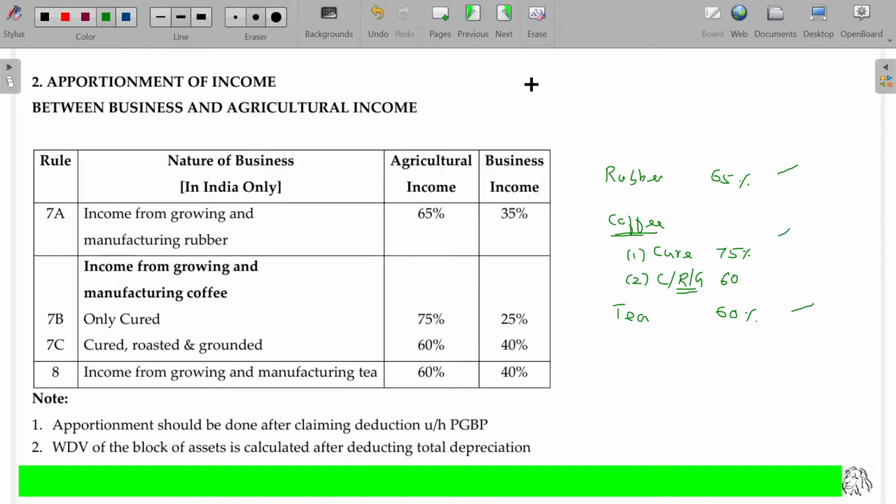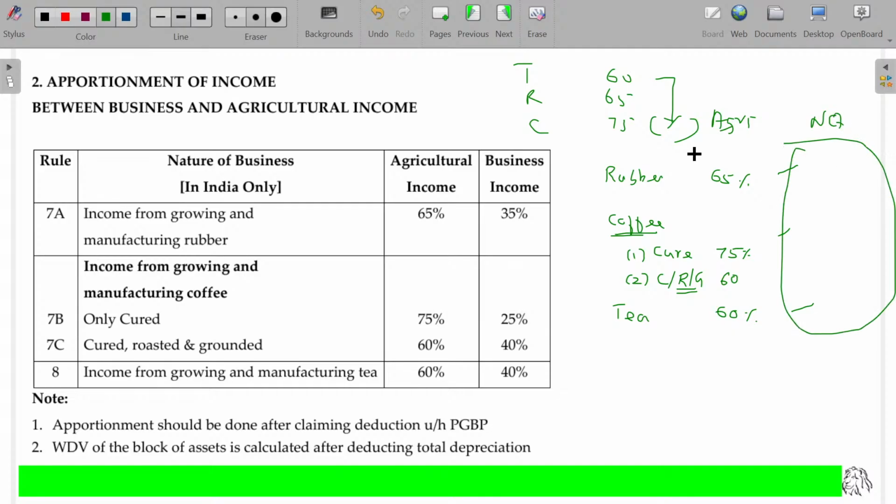I usually remember it this way: tea 60, rubber 65, coffee 75. In between, in coffee, if we have 3 activities, curing, roasting and grinding, all the 3, then it is only 60. As this is the agricultural portion, the balance, being non-agricultural, is the only extent taxable as per the Income Tax Act. This will be totally exempted. Is that clear?